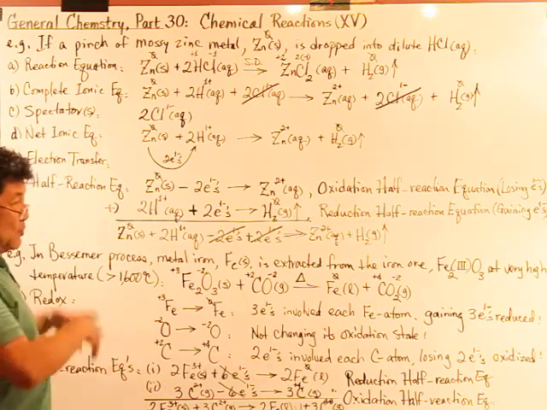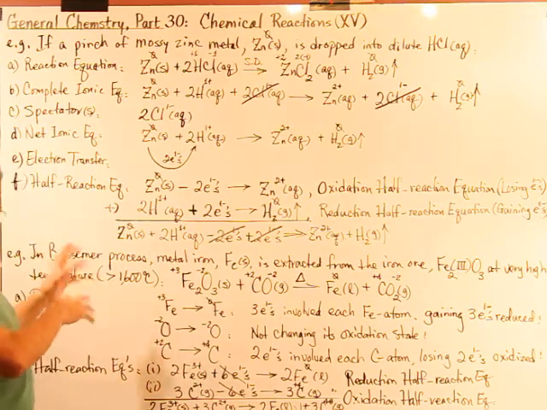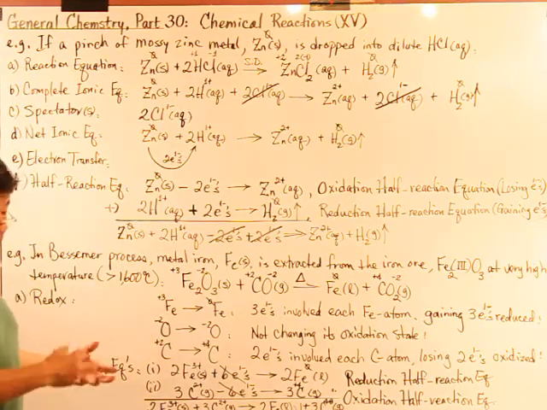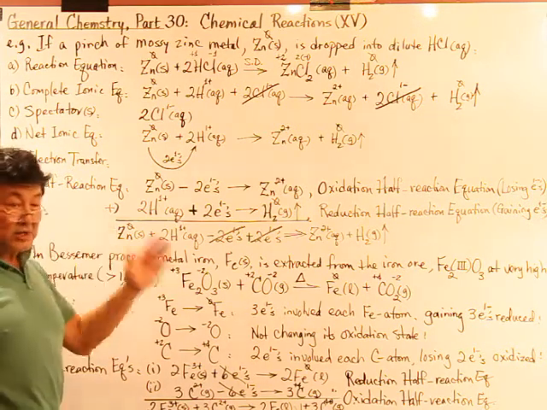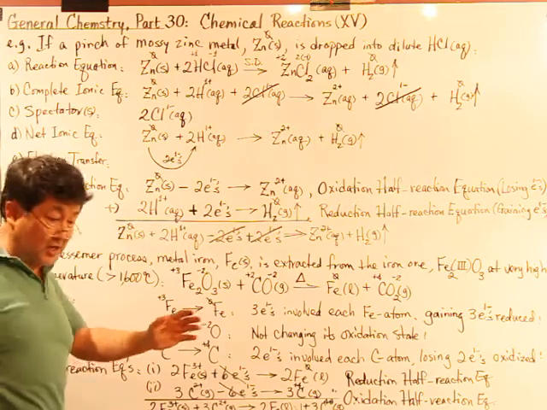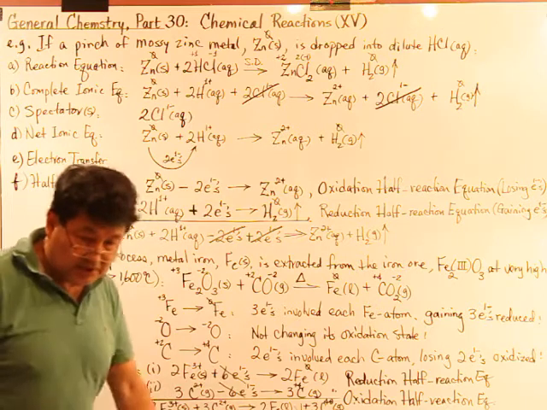Of course, if I give you grams, you need to convert the grams into moles based on their gram formula weight, because the reaction is based on the mole. It's called proportionality. So time is up, and we are going to continue with the next section.